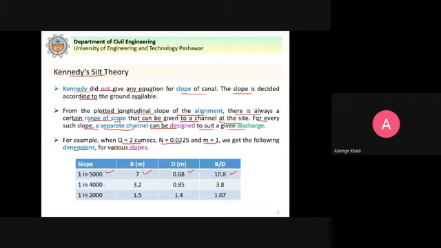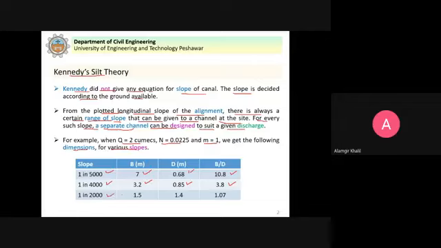Similarly, if we consider the slope is 1 in 4,000, in that case, the bottom width of the channel is 3.2 meter. The depth of water is 0.85 meter, giving the B by D ratio is 3.8.